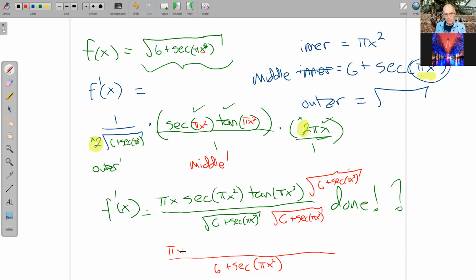Now I have pi times x times the secant of pi x squared times the tangent of pi x squared times the square root of 6 plus the secant of pi x squared. So I guess it was worth looking to see if anything interesting happened, but nothing cancels here. I'm stuck with this square root in the top, and I've got way more ink.